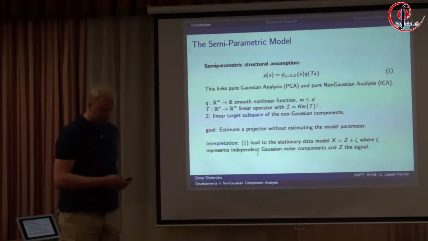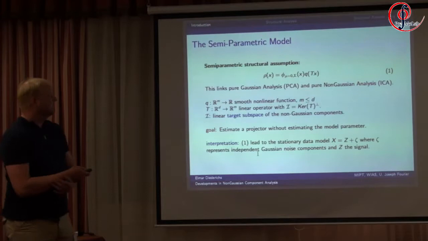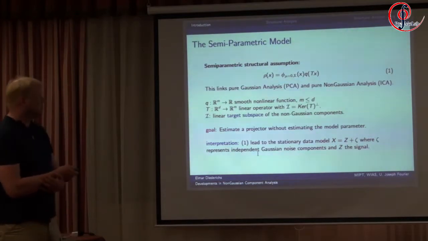The model that we use in all developments given so far in non-Gaussian component analysis uses this semi-parametric assumption on the data density. Here rho is the data density, phi is the density of the normal components, q is some nonlinear smooth function, and T is the operator that projects the data on the non-Gaussian components.